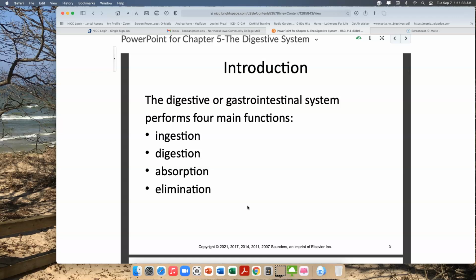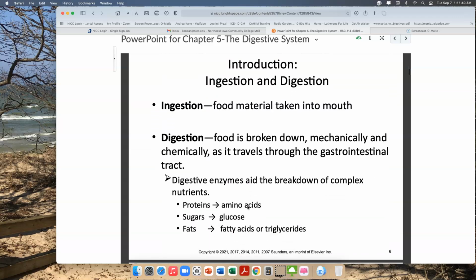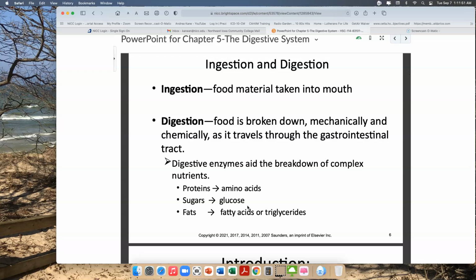The digestive or gastrointestinal system, also known as the GI system, performs 4 main functions: ingestion, digestion, absorption, and elimination. Ingestion is where food material is taken into the mouth. Digestion is where the food is broken down mechanically and chemically as it travels through the GI tract. So it starts with the mouth.